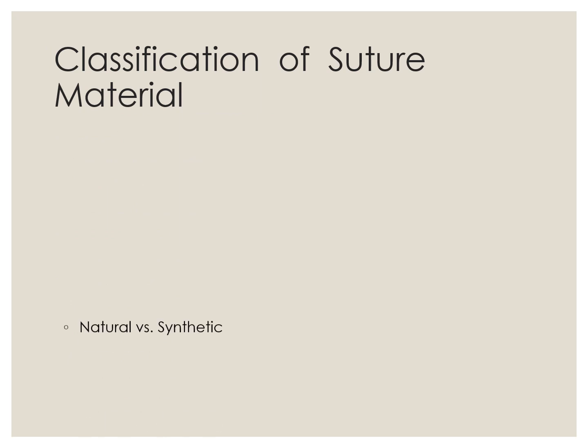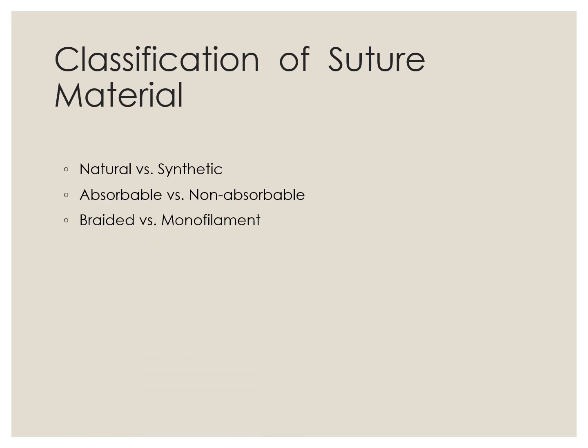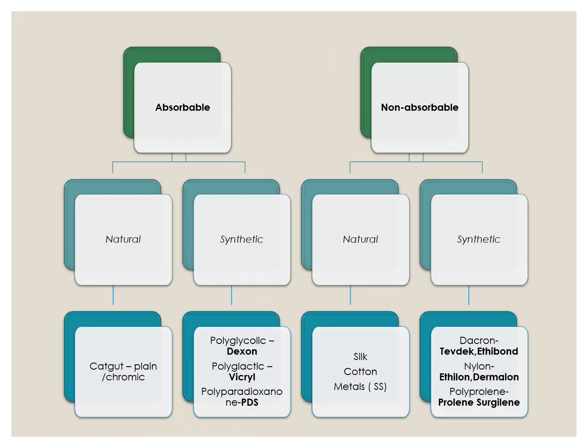Sutures have been classified as natural versus synthetic, absorbable and non-absorbable, braided versus monofilaments. So we will see absorbable and non-absorbable. Both are classified into natural as well as synthetic. In absorbable, natural are catgut, plain catgut, chromic catgut. In synthetic, those are polyglycolic, that is Dexon, polygalactic, that is Vicryl, and polydioxanone, that is PDS.